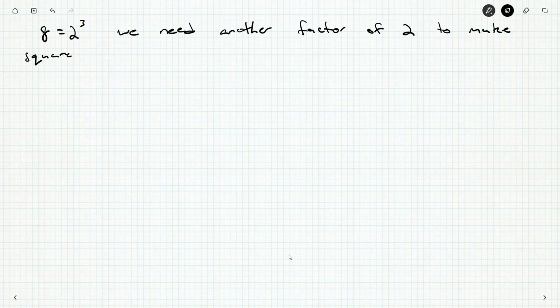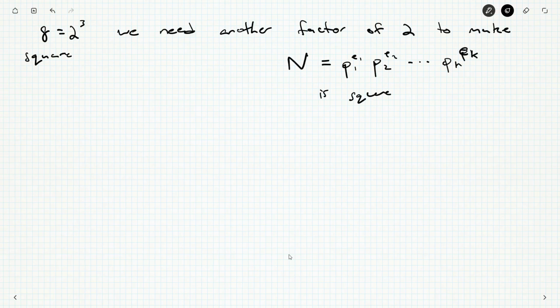And if you're feeling uncomfortable with this, of course, make the side observation that when we have any number and write it with prime factorization, where P1, P2, and so forth are distinct primes, you make the observation that this is a square exactly when E1, E2, and EK are even.